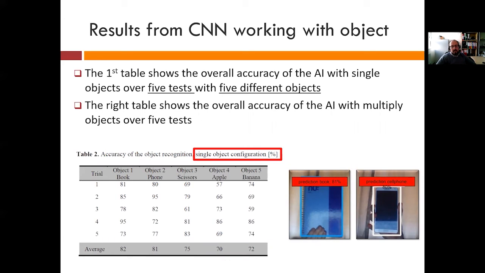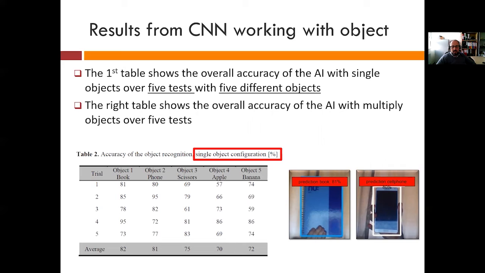So again, we set up a convolutional neural network. We did the training with some objects, and we look at how we can recognize single objects. And again, the criterion was to use daily life objects. So we look at objects like a book, a phone, scissors, and then fruit like an apple, a banana, and so on.